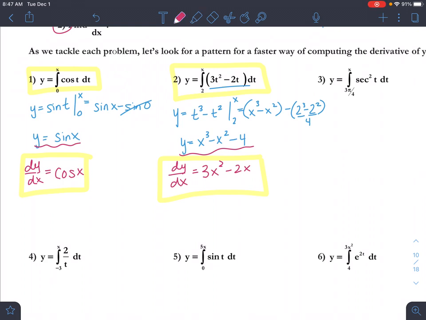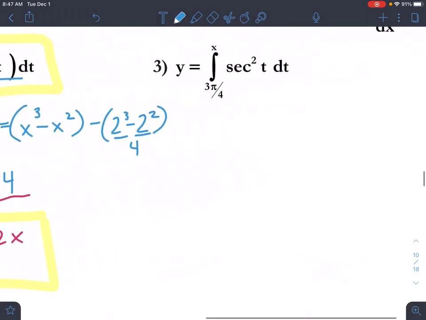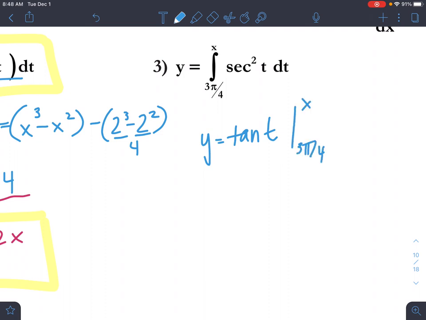How about the antiderivative of secant squared? The antiderivative of secant squared is tangent of t from 3 pi over 4 to x. This gives us tangent of x minus tangent of 3 pi over 4. Tangent of 3 pi over 4 is negative 1.